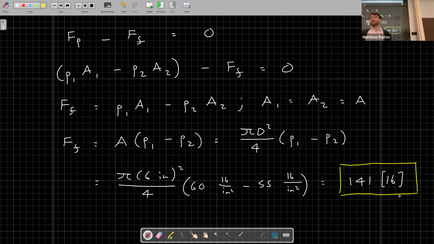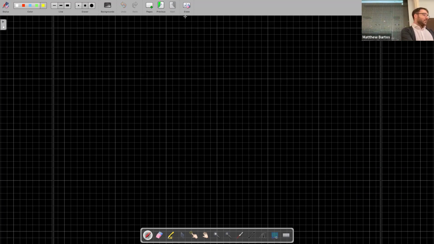So we can find the work exerted by that force by integrating our force over the length of the pipe. Work and energy are equivalent. We have from physics that the work exerted by the frictional force is equal to the integral of our frictional force with respect to the length of the pipe.